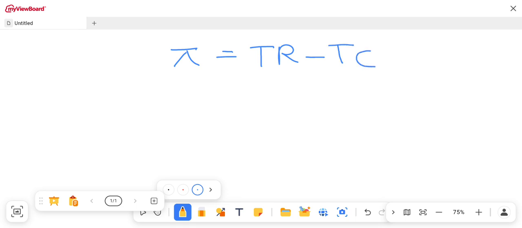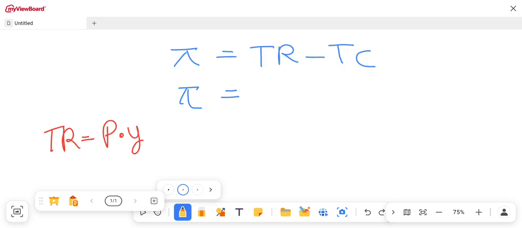It is the revenue you earn minus the cost you incur. Total revenue can also be written as price into quantity, as I have stated earlier. So we will write total revenue as price into quantity minus total cost as Cy. Cost is the function of quantity.